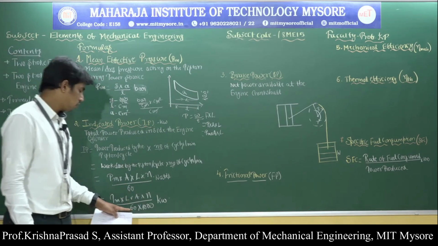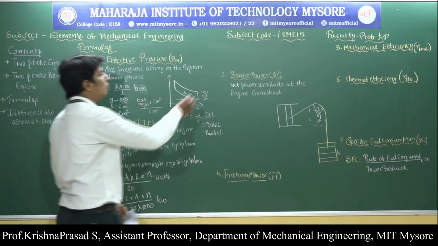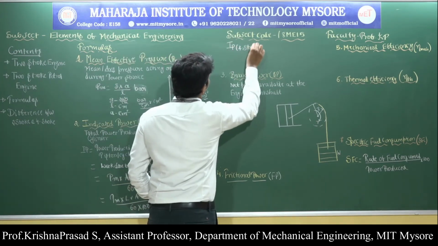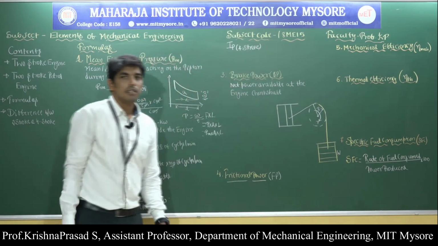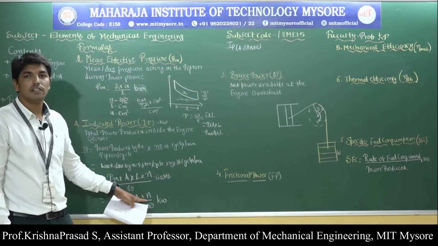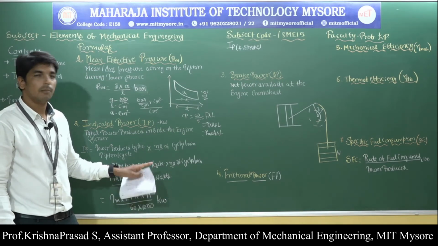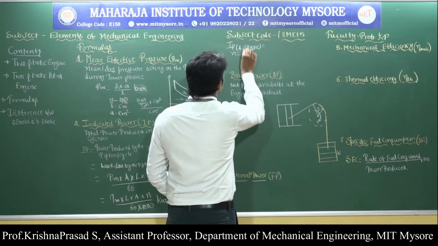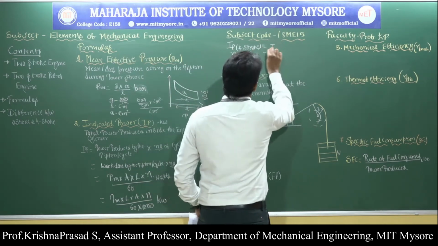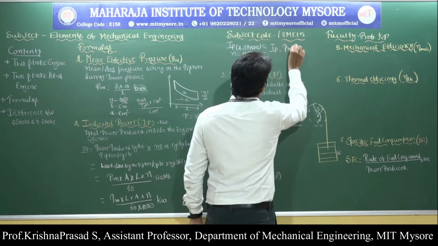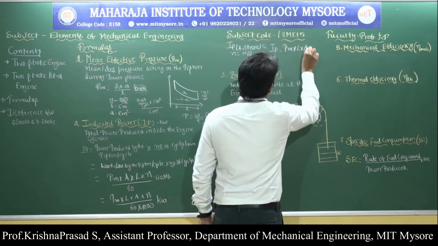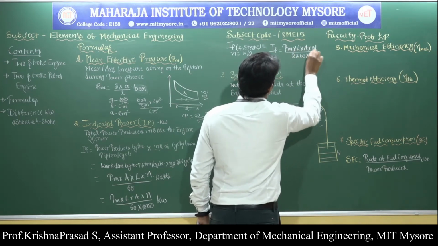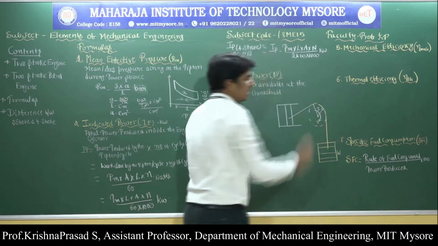Okay, so then what is the formula of IP for a 4-stroke engine? We all know that in case of the 4-stroke engine, the number of cycles is equal to engine crankshaft speed divided by 2. That is small n is equal to capital N by 2. Therefore, the formula becomes PM L into A into N by 2 into 60 into 1000 kilowatts.